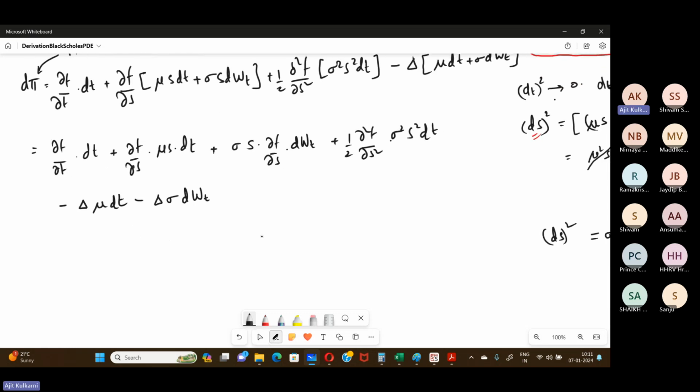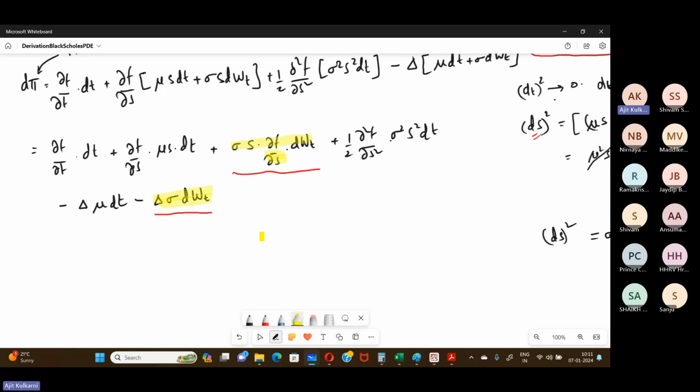Now if you have to eliminate risk, we have to eliminate dWt. Where is dWt present? It is present at only two places. It is present here and it is present here, correct? So if you see the coefficient of dWt, it is present here and it is present here.